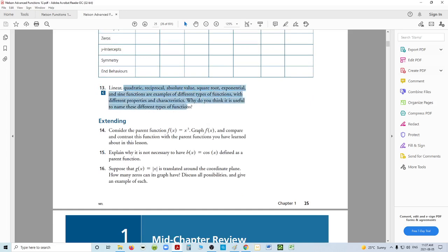Why do you think it's useful to name these types of functions? Okay, so in science, nature behaves a lot like these. That's why they're teaching them. So, for instance, quadratics behave a lot like gravity. Reciprocals behave a lot like, what would be a good example of reciprocal? Oh, I can't think of it, but there are things in nature that we'd want to use.